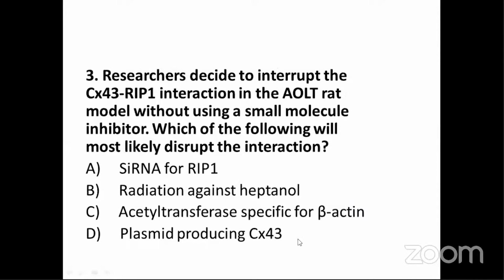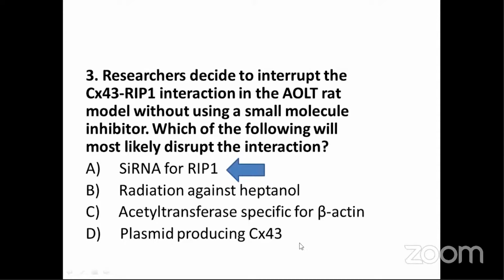Okay, and this is the next question. This one's a little bit tricky, so I'm going to spend some time going over it. The correct answer is A, and let me explain why.